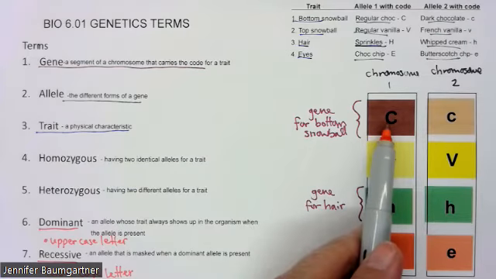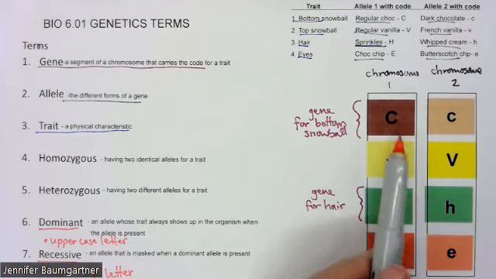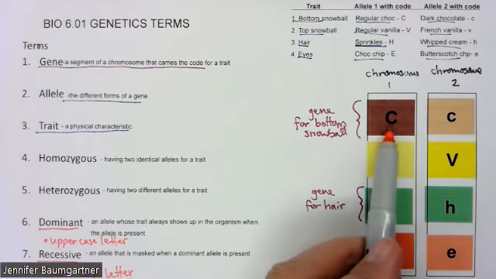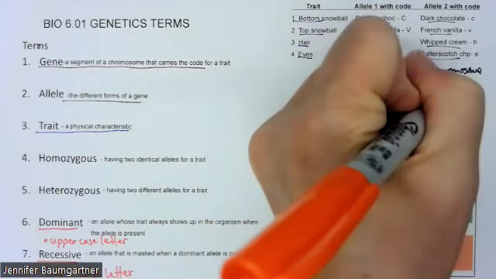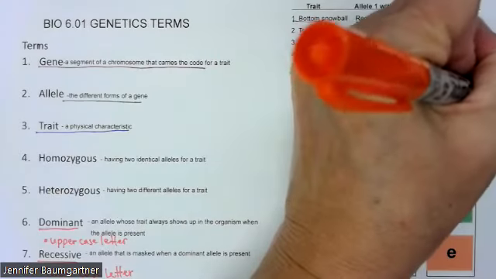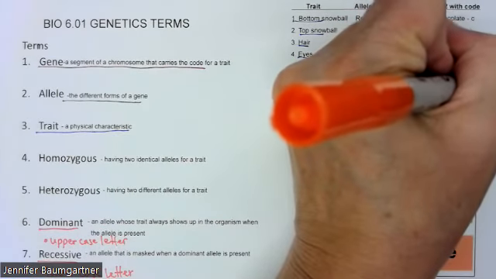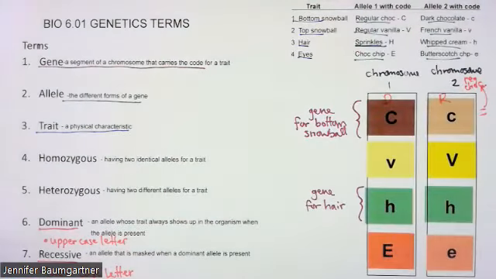Regular chocolate is the darker brown with an uppercase C. And what we would see is, as long as we have one of these, we're going to get regular chocolate. So this is dominant, this is recessive, and this is going to equal regular chocolate. The only way we see the recessive traits is if there's two of them.